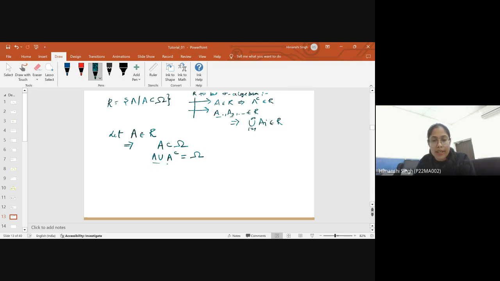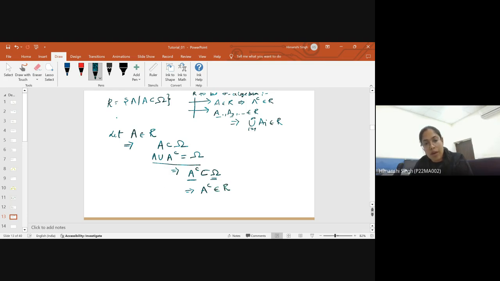So A complement is also a subset of omega. This is a trivial thing; I'm just trying to explain it more clearly. So if A complement is a subset of omega, it satisfies the condition for an element to be in R. So it implies that A complement belongs to R.